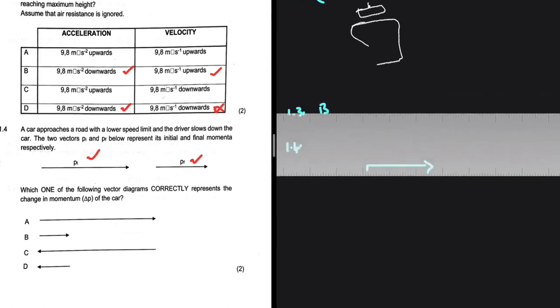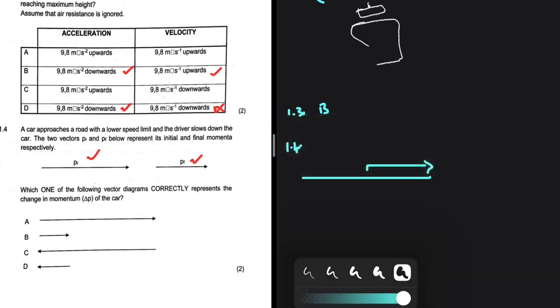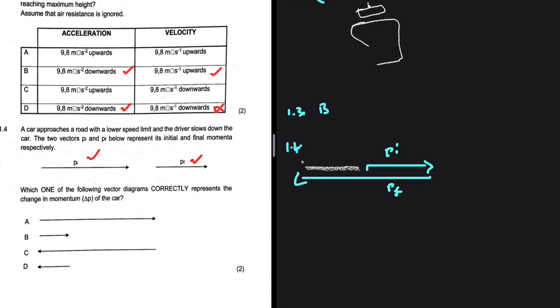So if we do that using the tail to head method, we're going to have something that looks like this. This is our P initial. This is our P final. And here is where we have our change in momentum. Clearly, the answer is D. Let's move to 1.5.